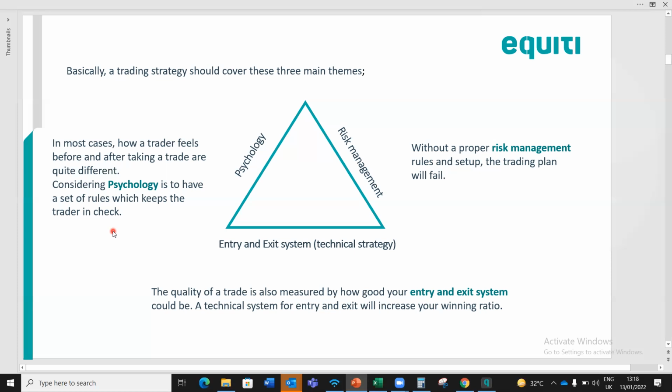The next we'll talk about is risk management. Now, without proper risk management rules and setup, a trading plan will definitely fail. No matter how beautiful or gorgeous your strategy could be, probably giving you a 70% or 80% win ratio, if you don't know how to manage your risk, trust me, your trading plan is going to fail.